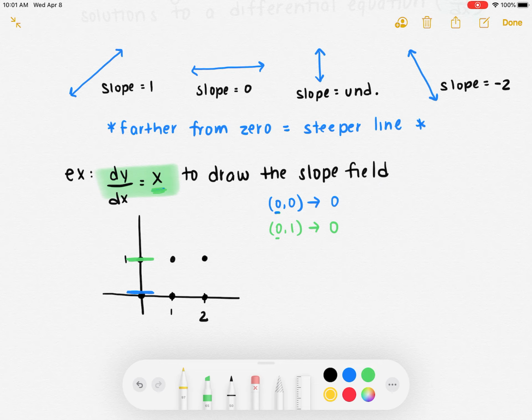So when I move to my next point, which is 1, 0, now I'm going to plug in my 1, and I'm going to have a slope of 1, which is like a perfect 45-degree angle going through there. I know when I go to my next point, 1, 1, I should get the same slope I just got because I'm moving vertically. I'm not changing my x value.